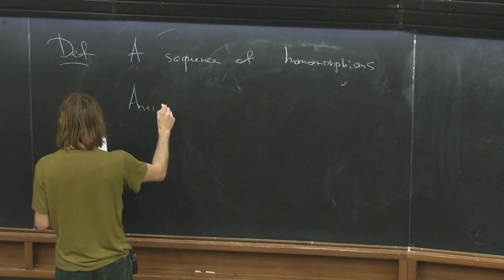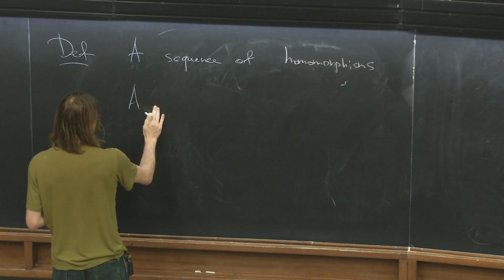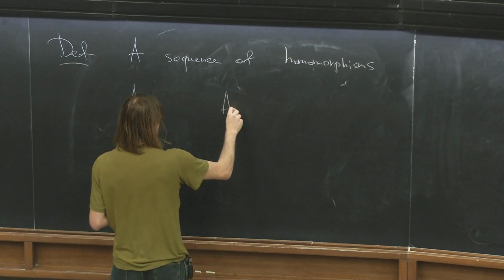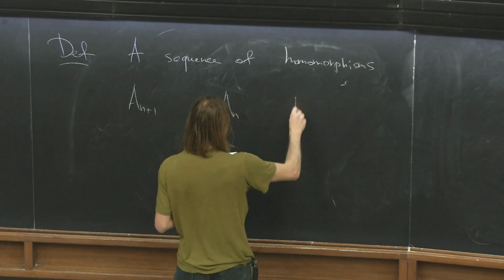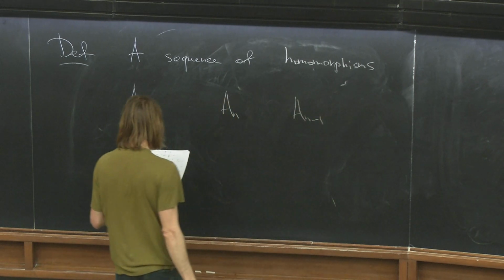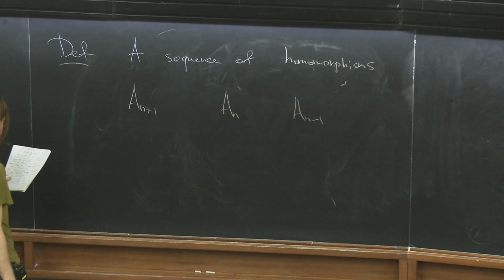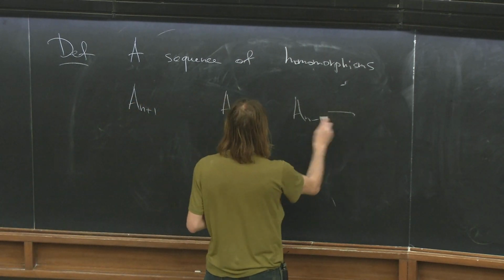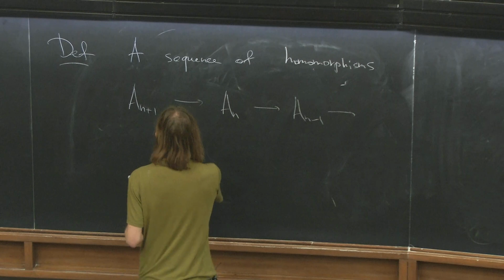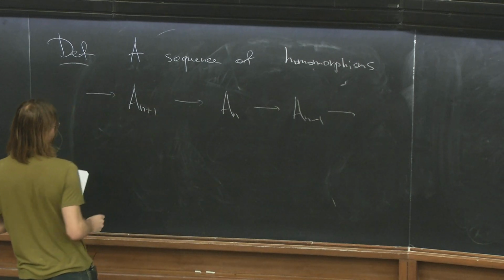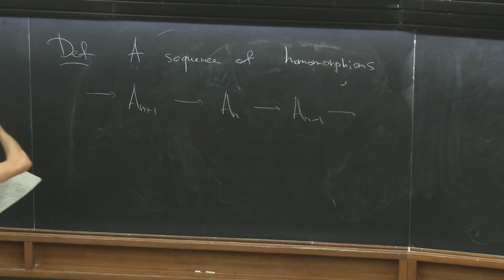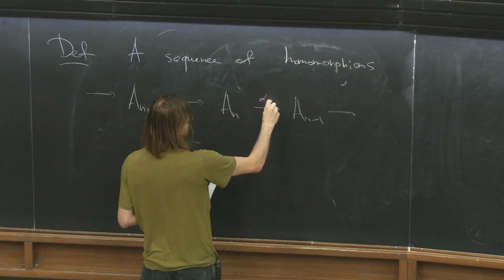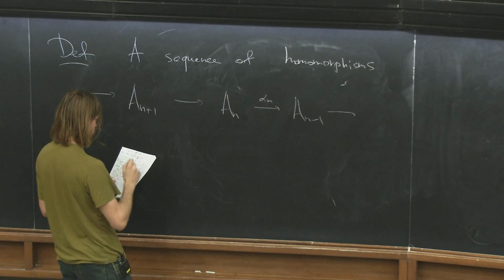We have a sequence of groups. For our applications later, we can always assume that these groups are abelian, but in principle that is not required for this definition. And so we have a sequence of groups labeled by integers, with maps between them, which are homomorphisms.